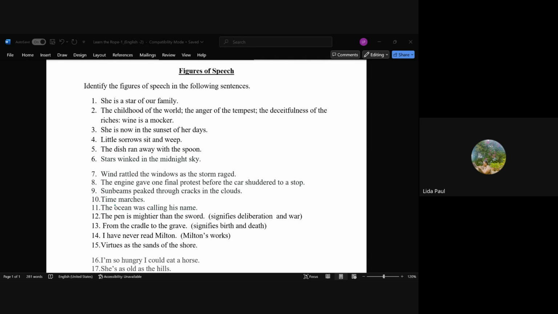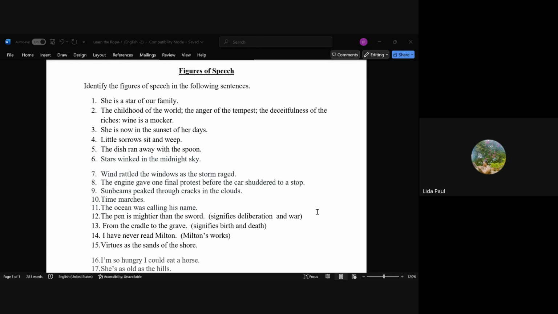The pen is mightier than the sword. No? Yeah, I think you require more revision on this. This would be a case of metonymy, right? So there's direct substitution.